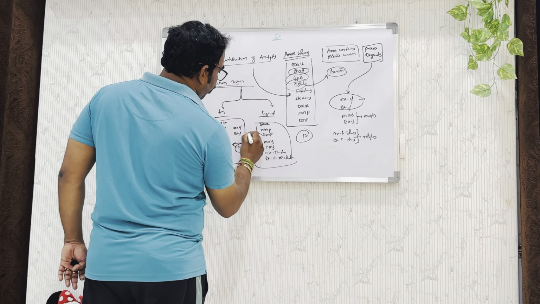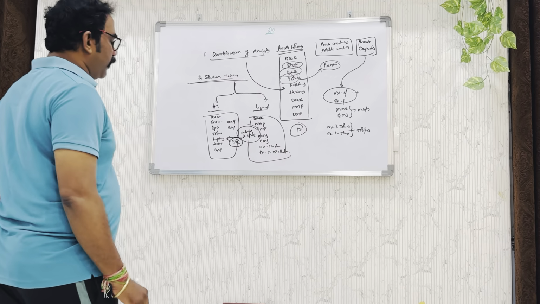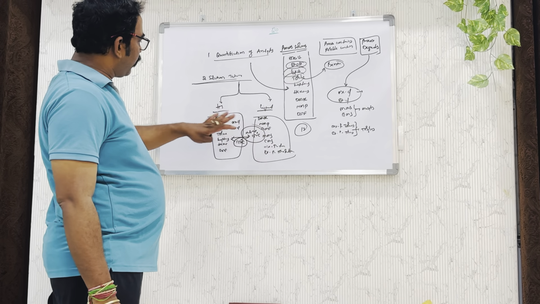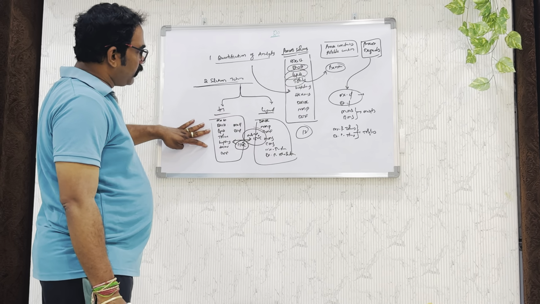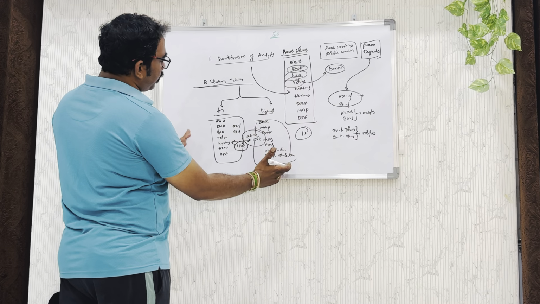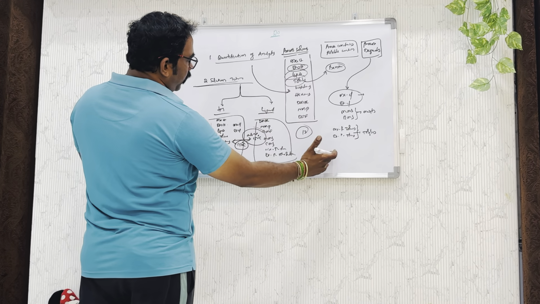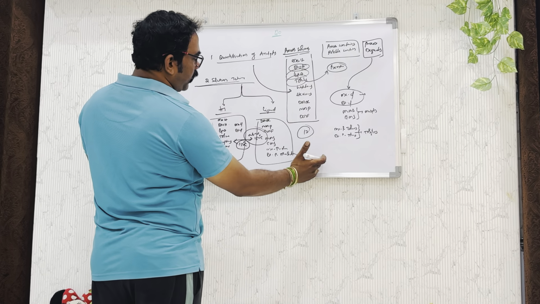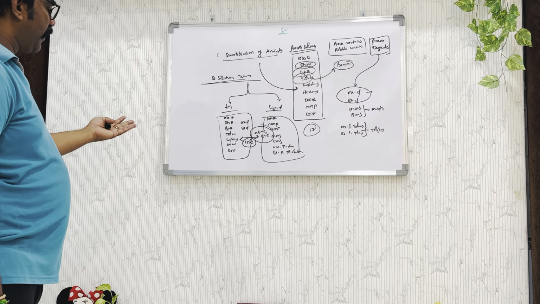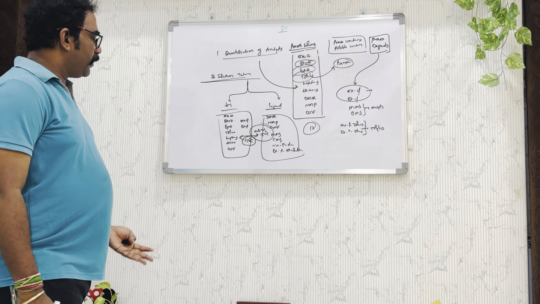We cannot analyze these on headspace because their volatile nature is less. That's why, in the selection of technique, we choose 2 categories, liquid and headspace, depending on analyte volatile nature, boiling point, and molecular weight.